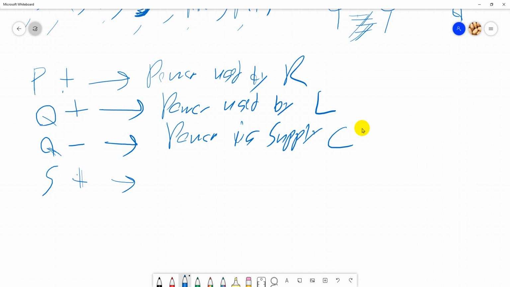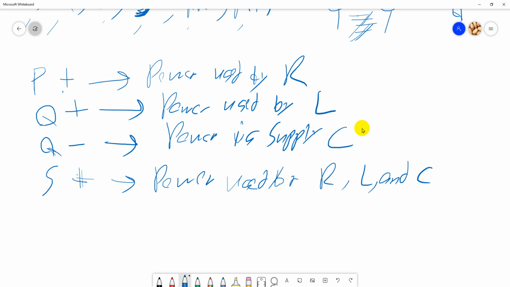This shows the power used by P, R, L, and C. L and C depend, so this one is a reactive component. So basically S is just the overall view of all the power used.